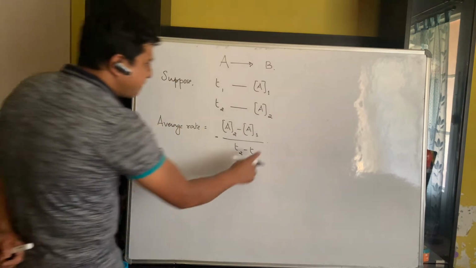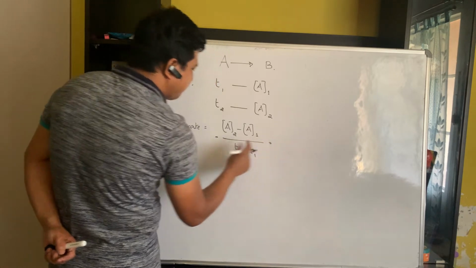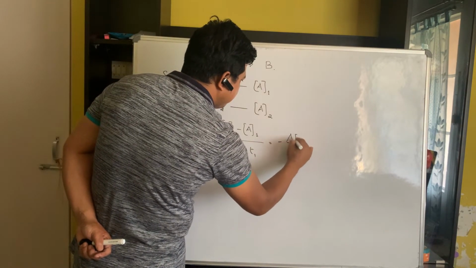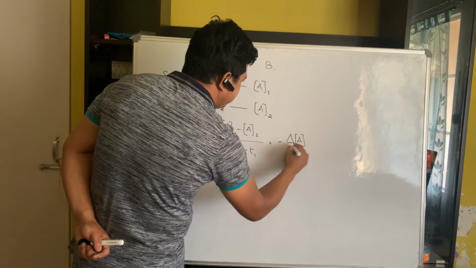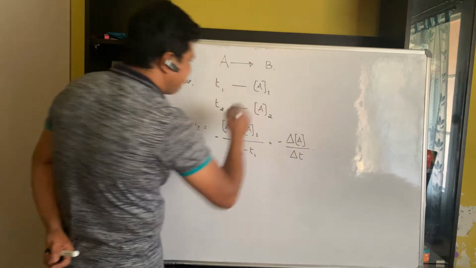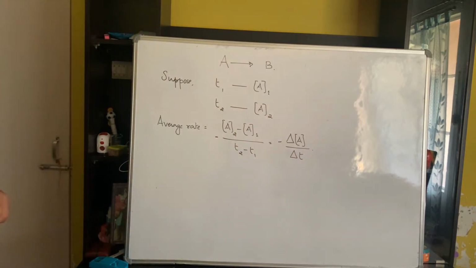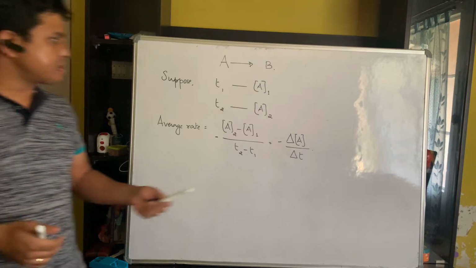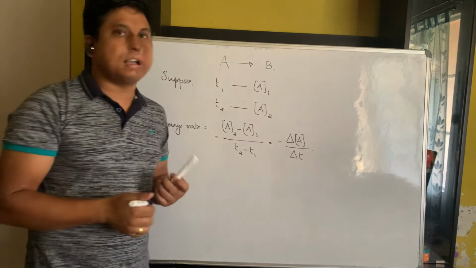And this difference in concentration over this interval of time we denote by delta A, and the time interval is denoted by delta t. So normally when we express the average rate of reaction, the change in concentration is denoted by this delta.